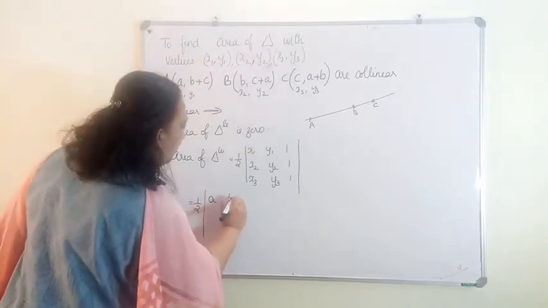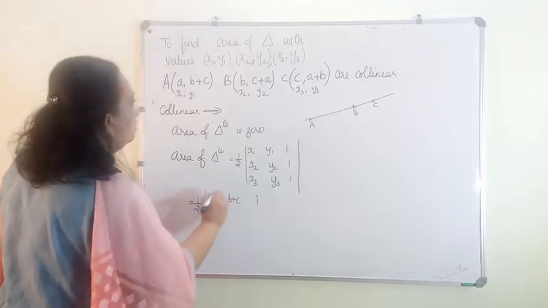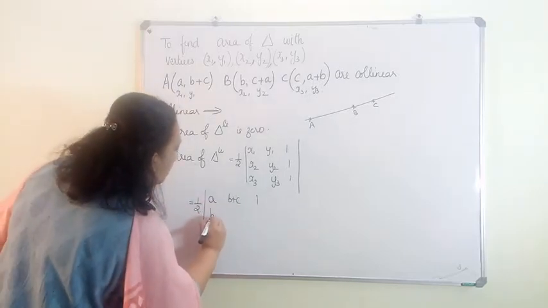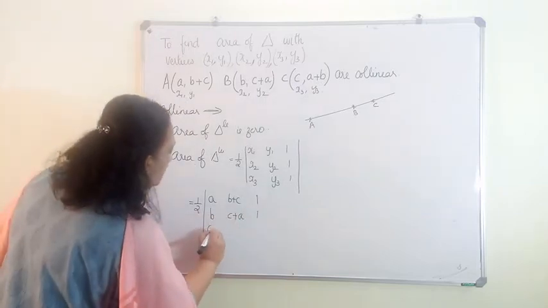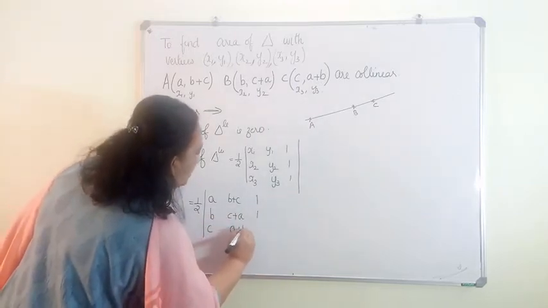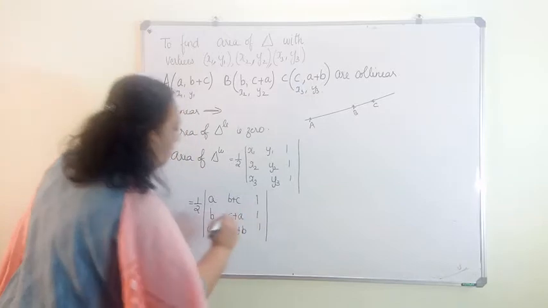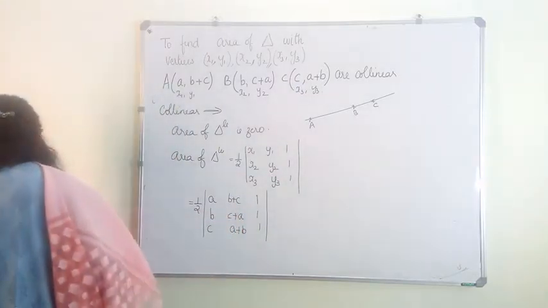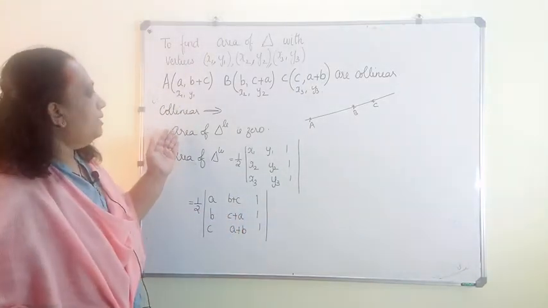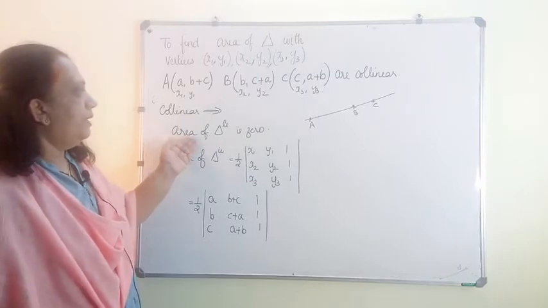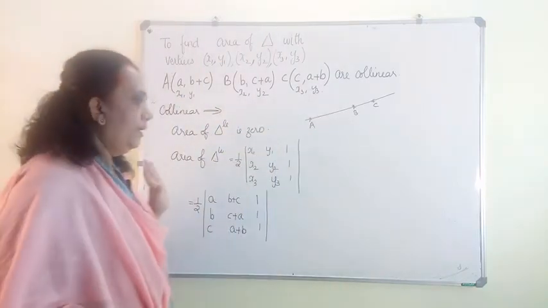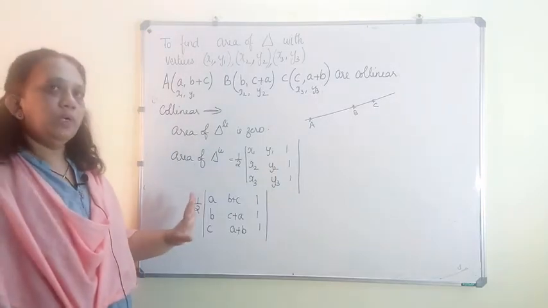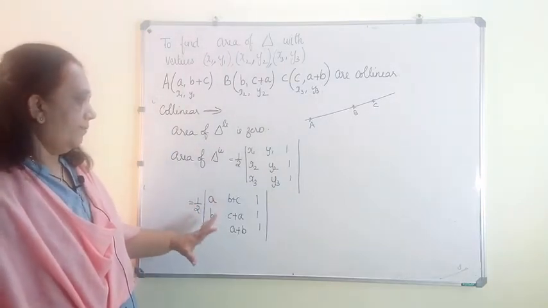A, B plus C, 1, B, C plus A, 1, C, A plus B, 1. Okay. Now, you know that if you get the answer as area of the triangle is equal to 0, that means the 3 points are collinear. By making use of the property of determinants, it is very easy.